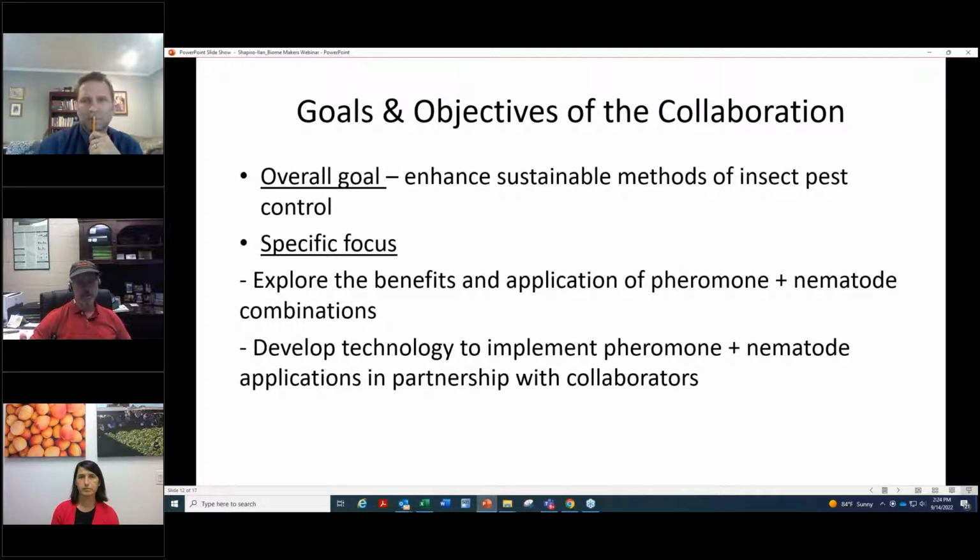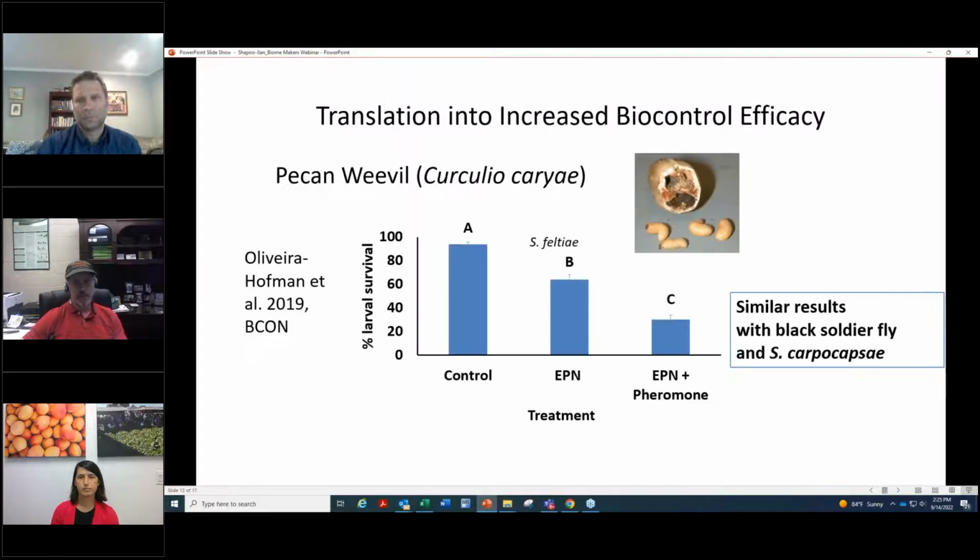So of course, the overall goal of my program is enhancing sustainable methods of insect pest control. But in this project, we're exploring the benefits of pheromone plus nematode combinations for improving insect pest control and developing technology to implement that.